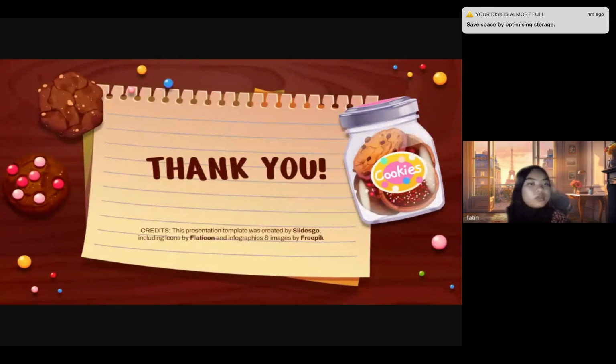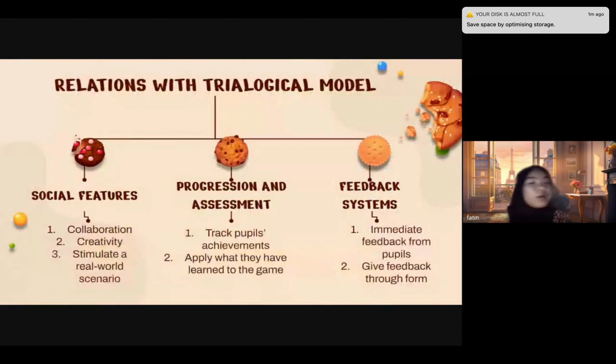Okay, relations with the trilogical model. So this game has a relation with the trilogical model in terms of, the first thing, the social features, because I said that this game can be played both individually and in a team.